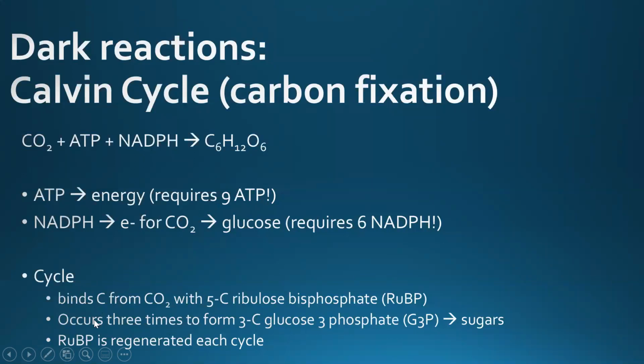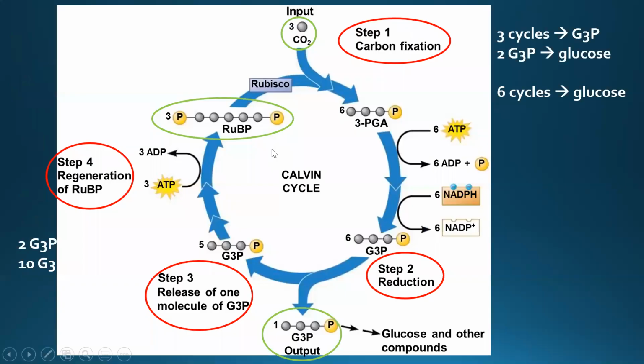It takes 3 turns to form a 3-carbon sugar, glyceraldehyde 3-phosphate, G3P, okay? But you can see that it is one carbon dioxide molecule for a 1-carbon sugar. That means you need 6 carbon dioxide molecules for a 6-carbon sugar right here.